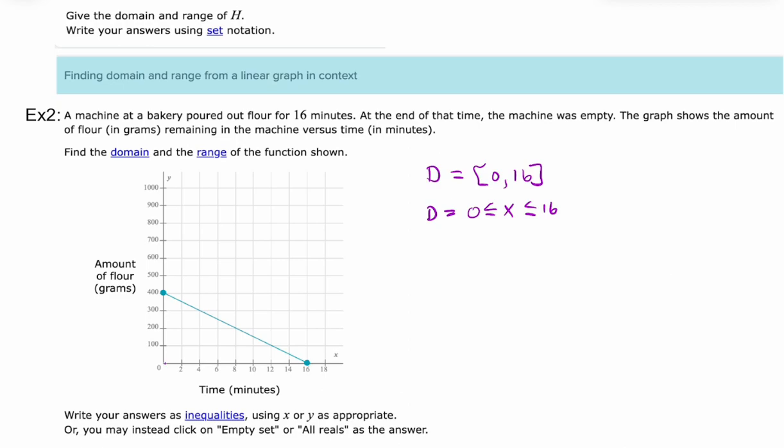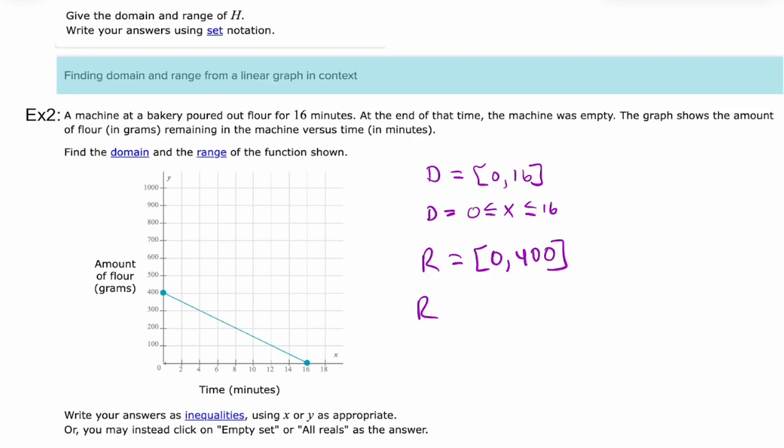Now, for the range, we want the lowest value to the highest value, heights. You always think for range of the heights on the graph. The lowest value, look at our y value. The lowest value is a 0, but the highest value is a 400. And because that graph is showing everything is colored in between that, for interval notation, the range goes from 0 to 400.